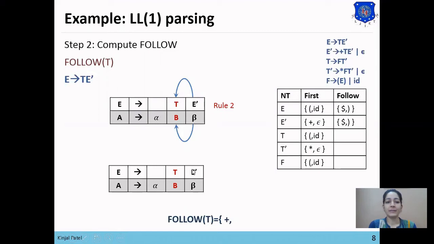So our production will be like E produce T. As there is no symbol following T, so follow of E will be added in follow of T. So follow of E is dollar and closing bracket. So dollar and closing bracket will be added in follow of T.